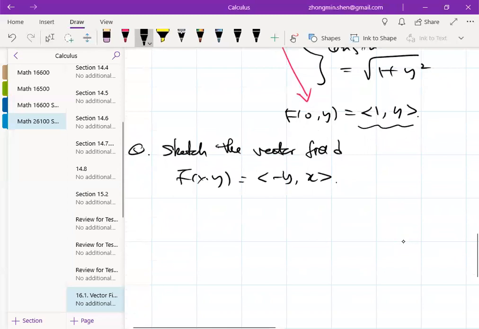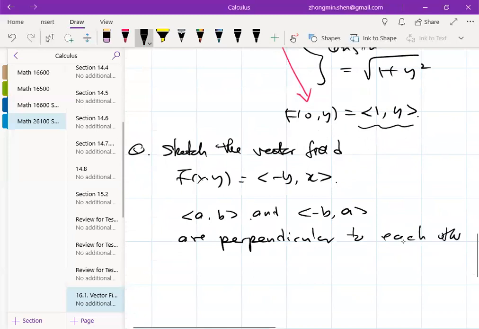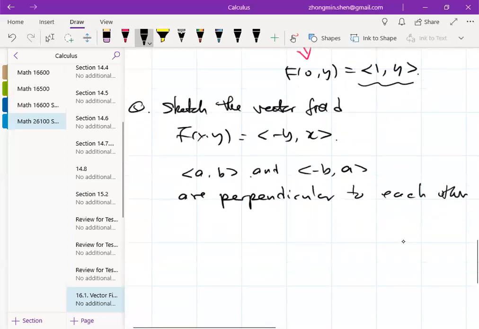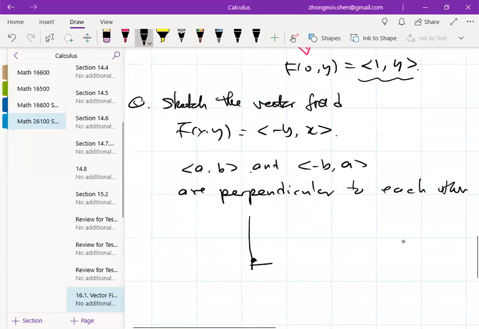First of all, you should know that those two vectors are perpendicular to each other. If you want to draw it, if (a, b) is the starting point, then (negative b, a) will be here. We should know that. And they're perpendicular to each other.